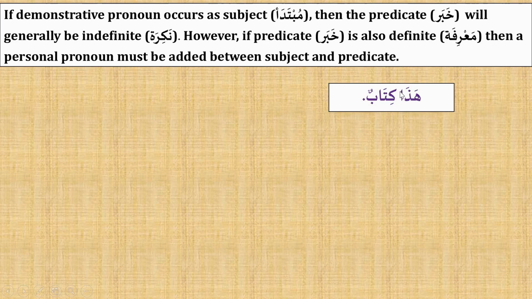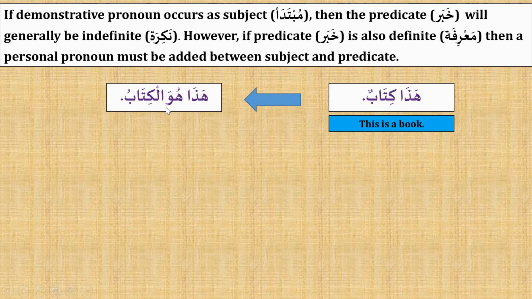A very simple sentence meaning this is a book. It will be هذا هو الكتاب. The indefinite noun became a definite noun, and we need to add a personal pronoun between the demonstrative pronoun and the noun. هذا هو الكتاب, and that means this is the book.